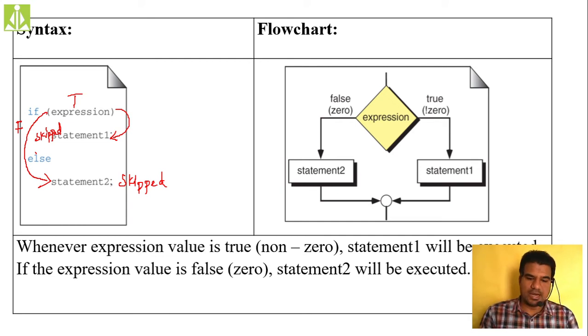Here you can understand it from this flowchart. We give an expression, and whenever this expression becomes true, statement 1 will be evaluated, and whenever it becomes false, statement 2 will be evaluated.